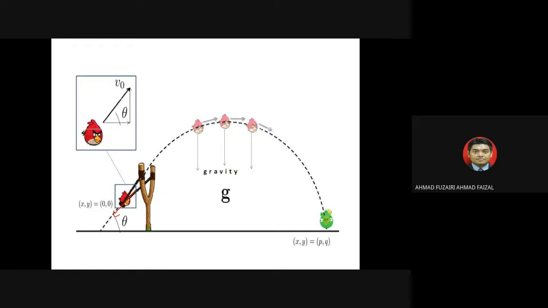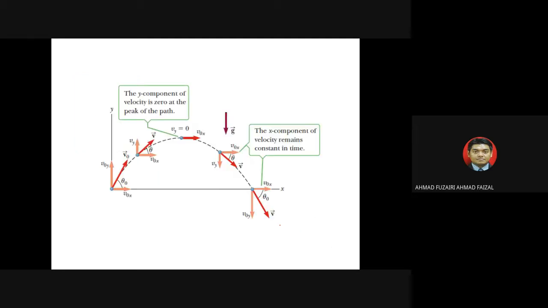Maybe you want to pull the string at the maximum level. So in order for you to hit this green pig, you apply the concepts of two-dimensional kinematics. So what is two-dimensional kinematics? It's based on motions that come together. X and Y come together.